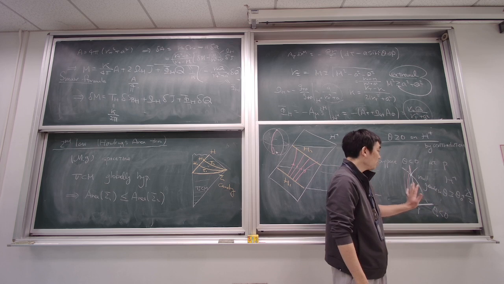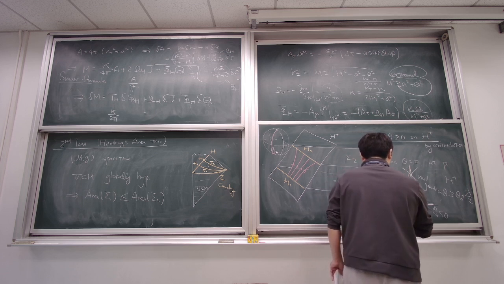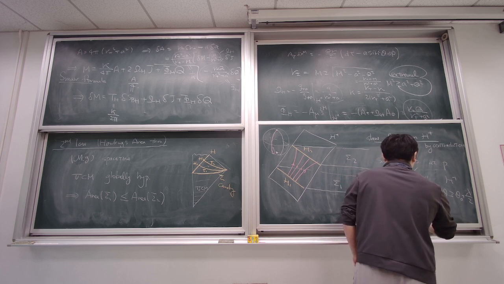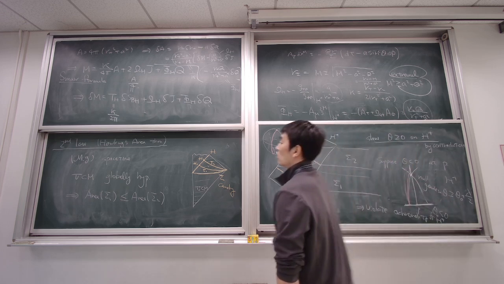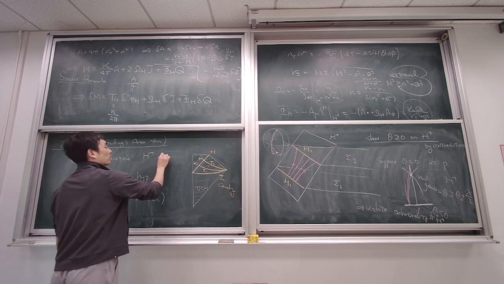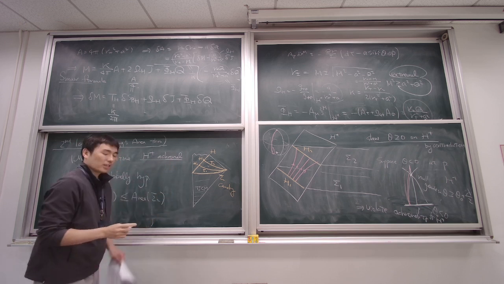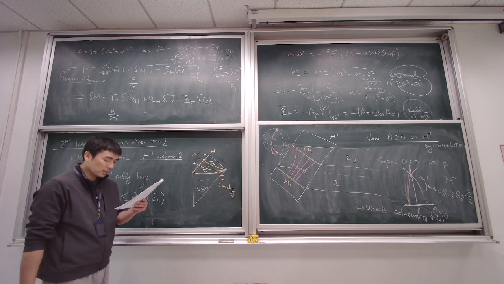Then this will violate the achronality of H plus. So actually, H plus has to be achronal. That's an assumption, called, I think, strong asymptotic predictability of the spacetime.